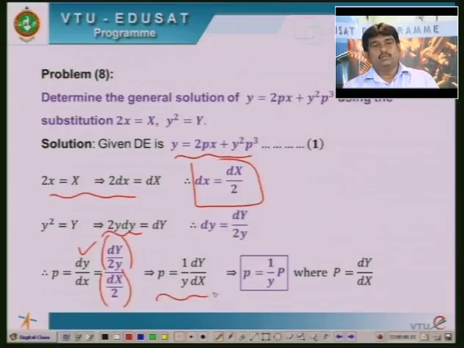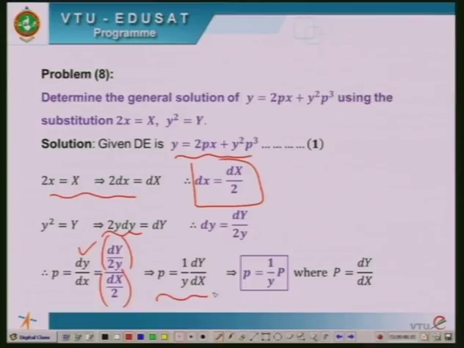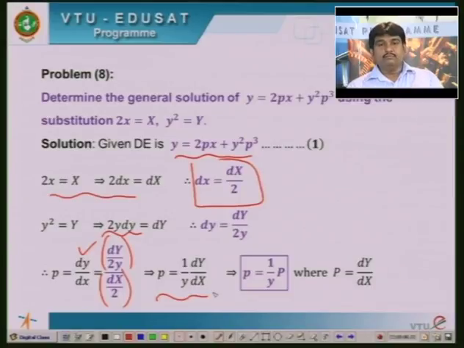Simplify this to get small p equals 1 by y into d capital Y by d capital X. Now write the derivative d capital Y by d capital X as capital P. So, small p is converted into capital P when small x is converted to capital X and small y square is converted to capital Y in this fashion.